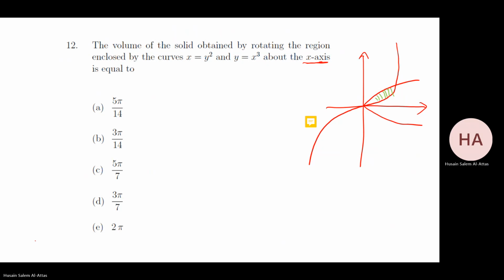Okay, so I draw my line. This is the line. This is the other one.